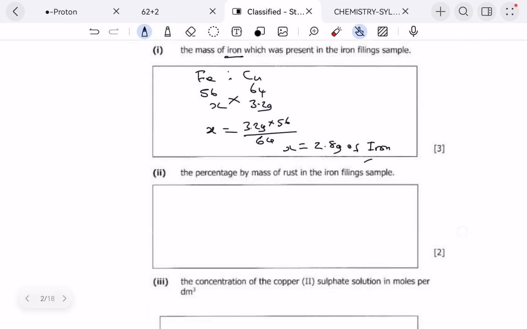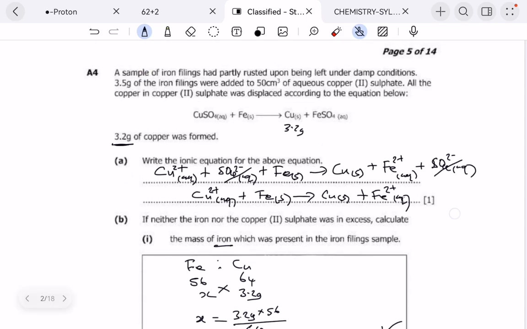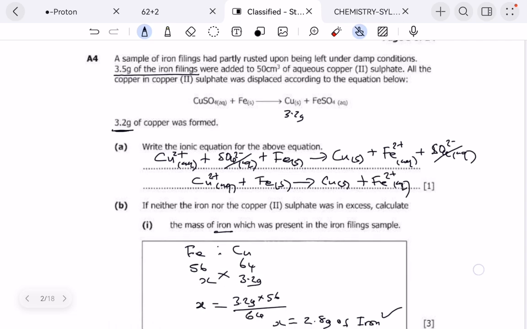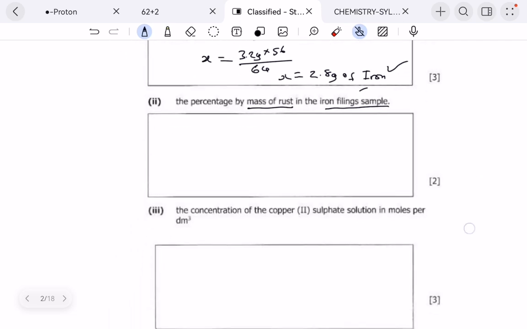The next question is the percentage by mass of rust in the iron filing sample. If I know the mass of iron, what I can do is use the mass of the sample, which was given here for iron filings as 3.5 grams. How can I go about it? There are two ways.